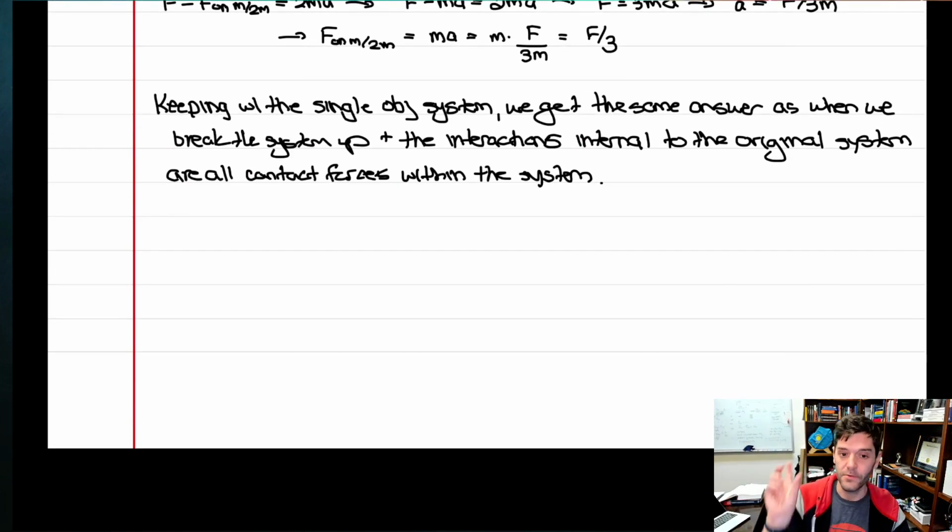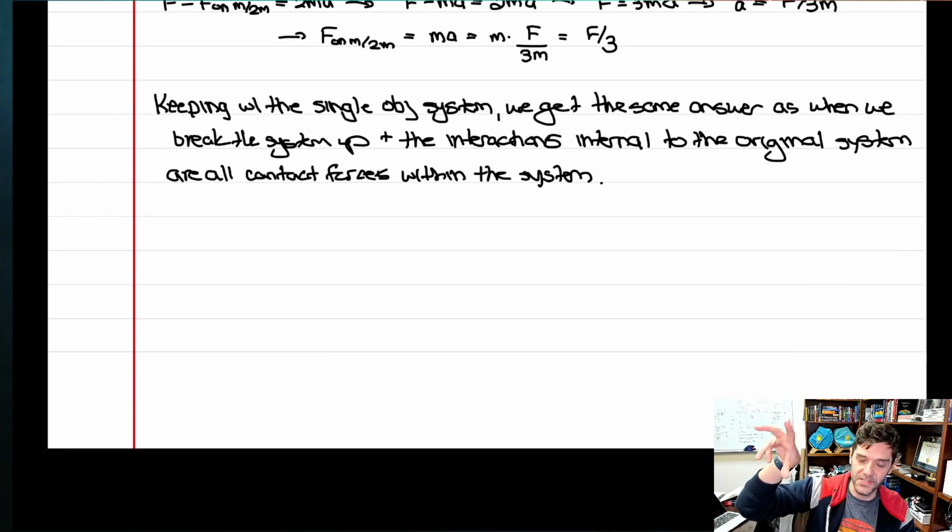So this is using Newton's second law on multi-particle systems, under the assumption that there's no relative motion within the system, that it's a solid object, say.